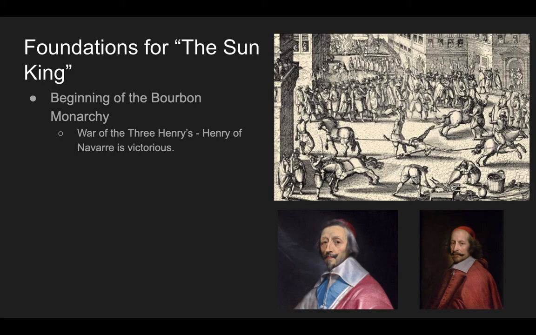Now, to take just a brief step backwards, last unit was all about the idea of Europe pulling itself out of the darkness, Europe coming out of the Middle Ages and setting the foundations for the rise of Europe's modernity.